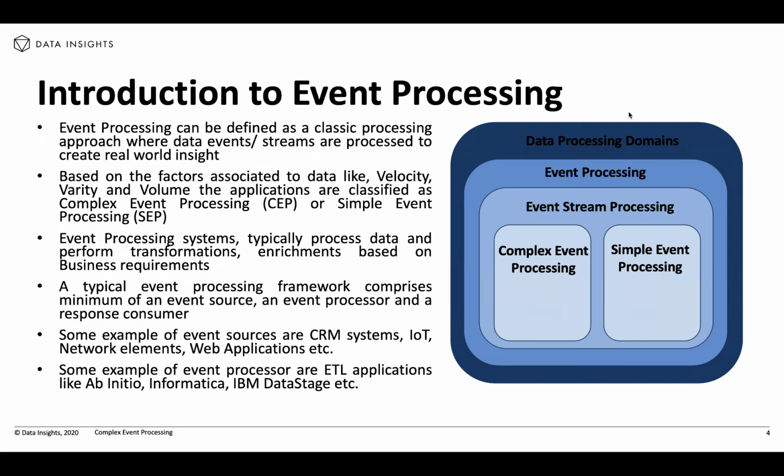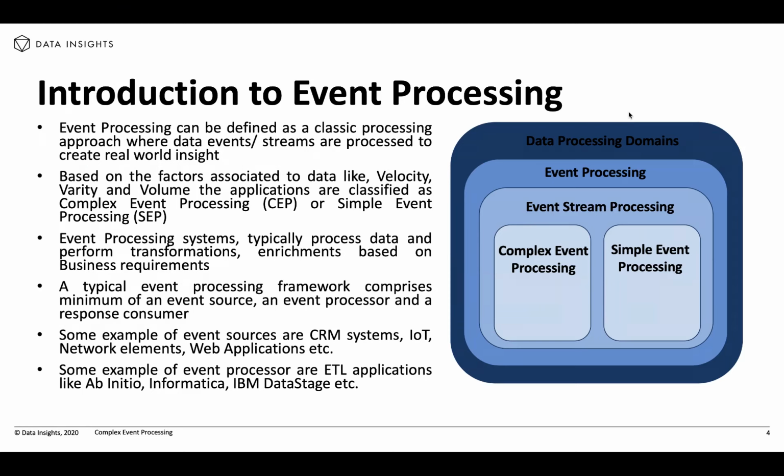Now, this data set, as I talked about, as more and more organizations are becoming data-driven, could vary from a lot of things. It could be a web application running on a mobile phone, a website, your network elements, a CRM system, and one thing which is very popular these days, IoT. It could be an IoT source as well. So the variety of the data set which we have to process is the basic driver of the need to move from what was called simple event processing to what is called complex event processing.